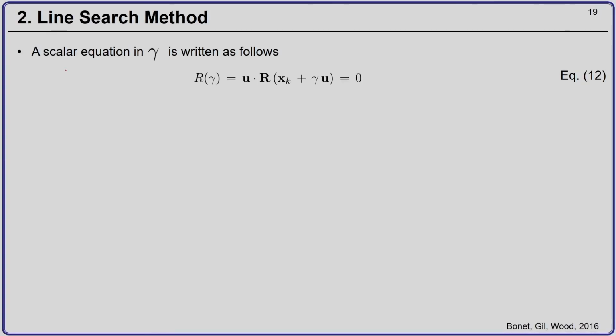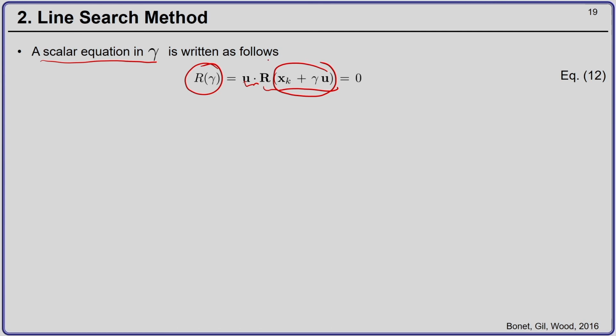So, how do we do that? We write a scalar equation in gamma. This r of gamma is a scalar equation which is obtained by taking the displacement vector u dotted with the residual vector r evaluated at x k plus 1 plus gamma u.